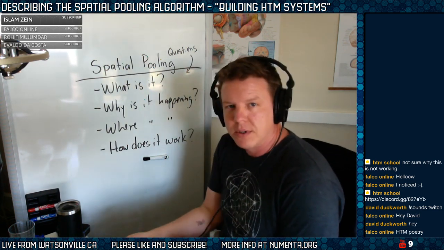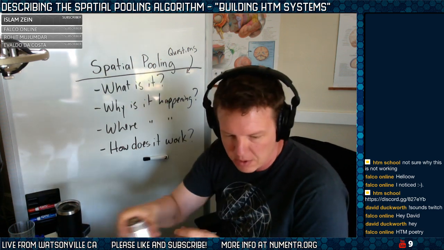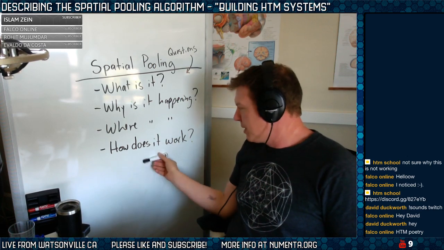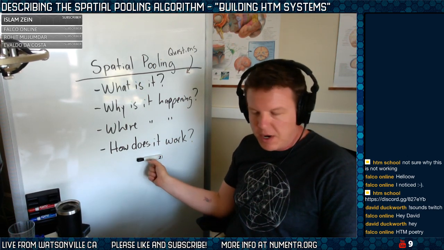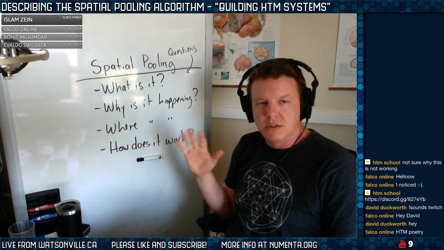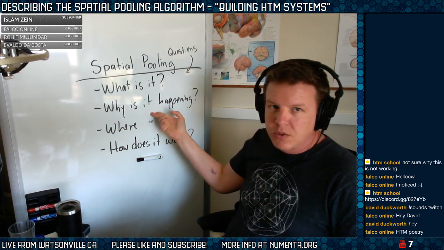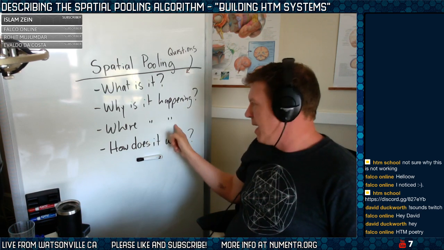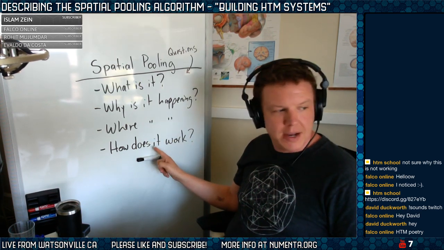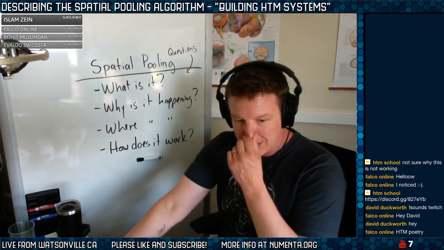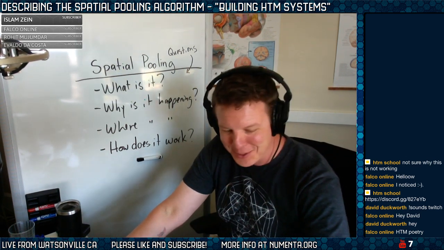I think it's important, from our standpoint, to always point back to the neuroscience, because our mission is to understand what's going on in the brain. So if you're interested in understanding this, we've got to link it back to the brain. Why is it happening? What's the point? Where is it happening? And how does it work? I think these are good questions, and I think we can answer all of them.